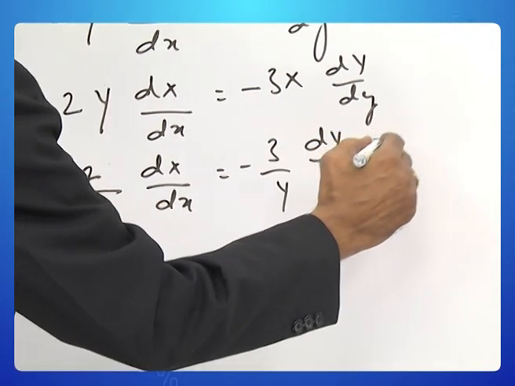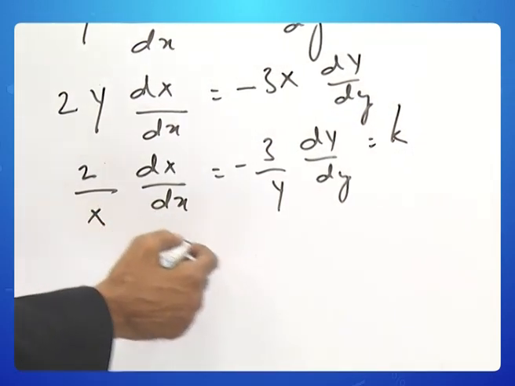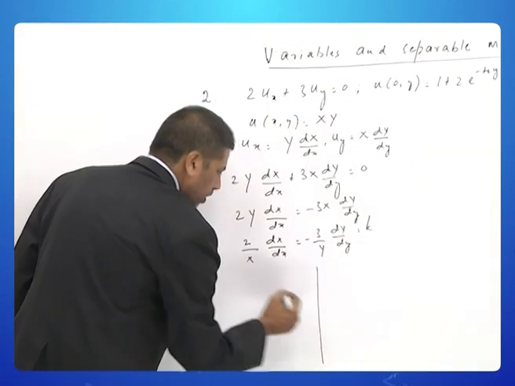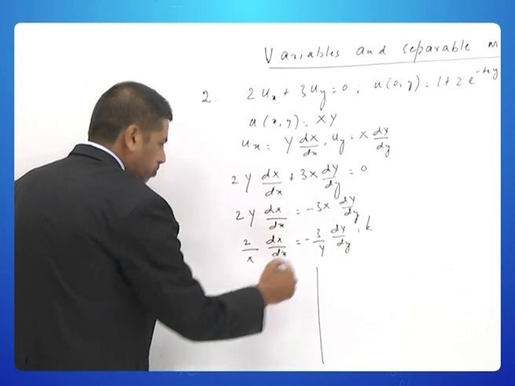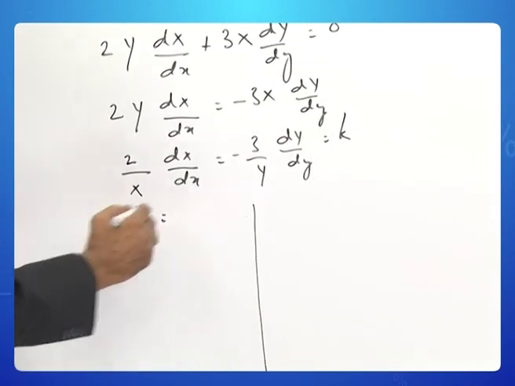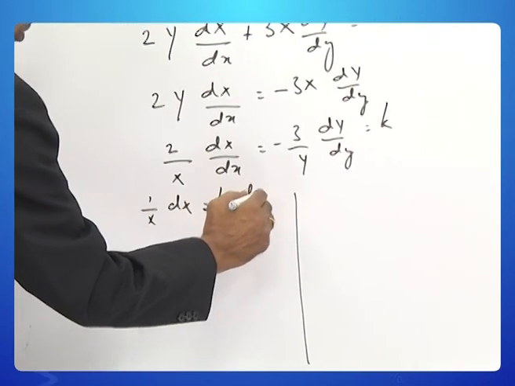After this separation, you can use k as a common value. Take these two and you get capital X, take these two, you get capital Y. Suppose you take these two, you have 1 by X dX is equal to k by 2 dx.